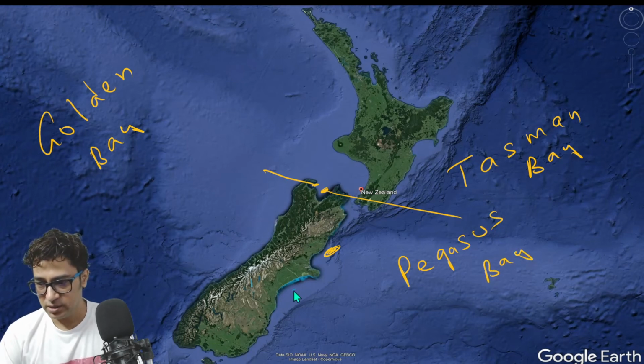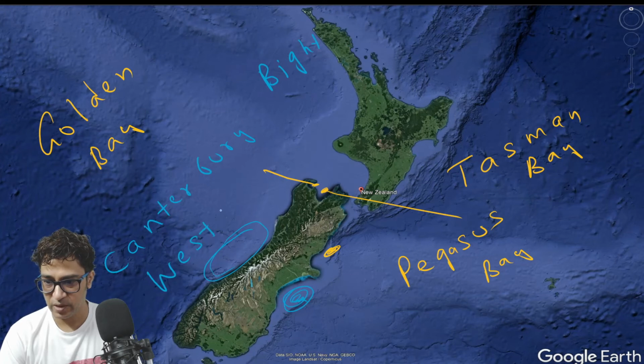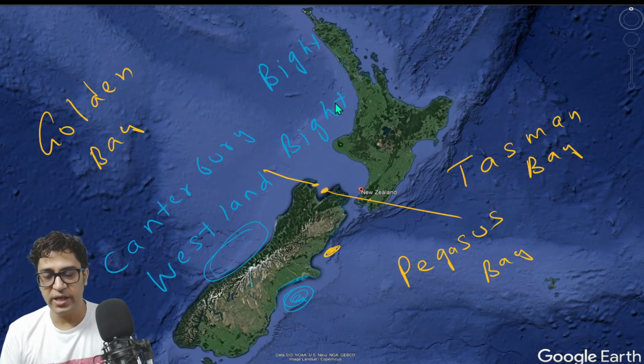And this region is the Canterbury Bight. And this region is the Westland Bight. If you want to understand the difference between bay and bight, please go and watch my video on the geography of Australia. There I have explained these terms.